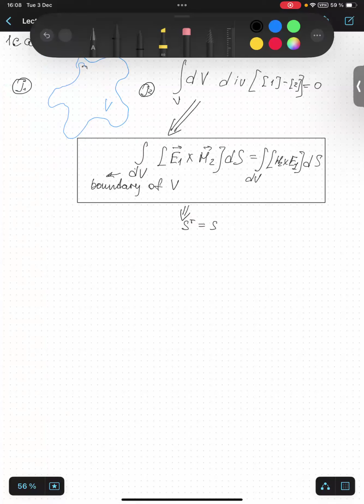We also have the second case, when we can transfer our arbitrary volume to infinity. What will we have in this case? So we move far away from our sources. So we calculate the far field.